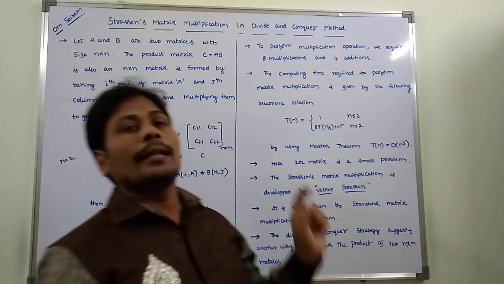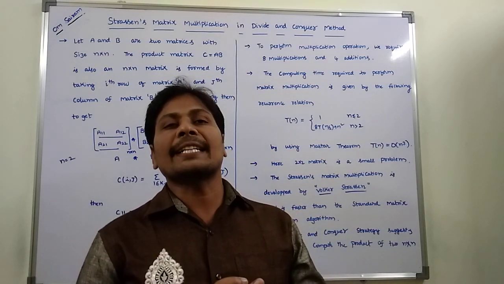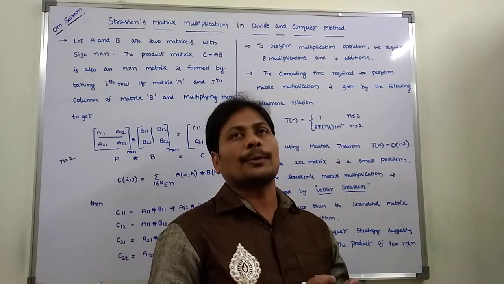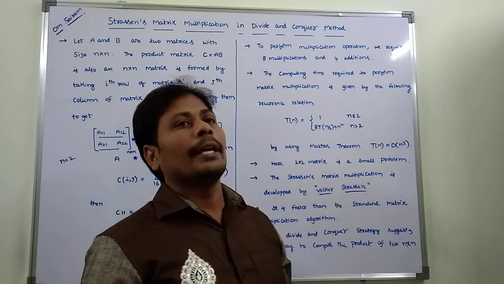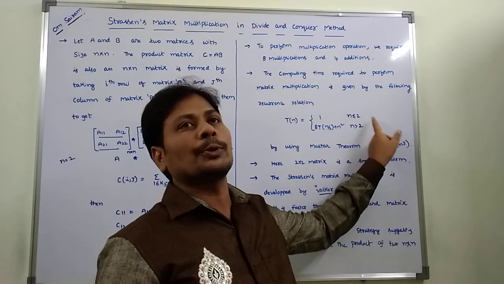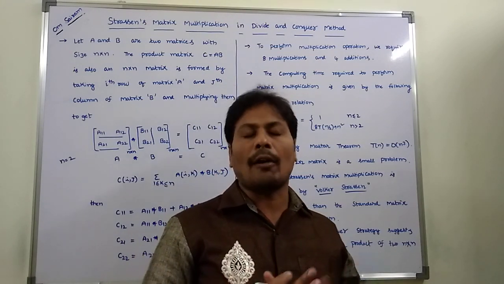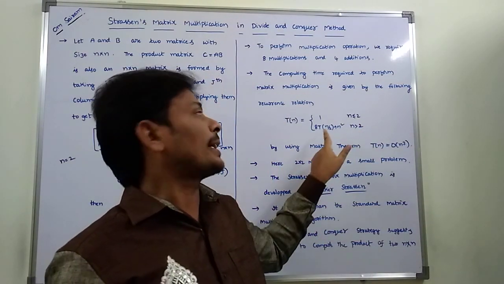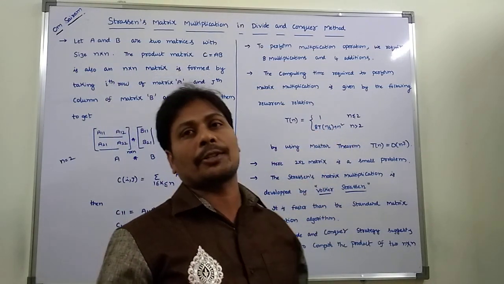Next, the computing time required to perform matrix multiplication with a 2 by 2 matrix. The recurrence relation T of n is equal to 1 unit time, or constant time, if n is less than or equal to 2. If n is greater than 2, the time complexity is 8T(n by 2) plus n square.